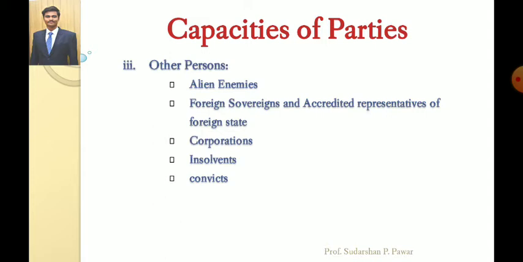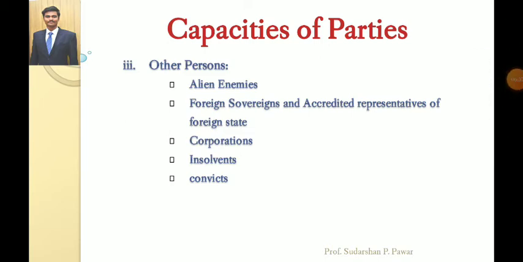He becomes an alien enemy if the Union of India is at war with his country. A person residing in India or in any other country, voluntarily living or carrying on business in the country with which the Union of India is at war, would also be deemed to be an alien enemy.